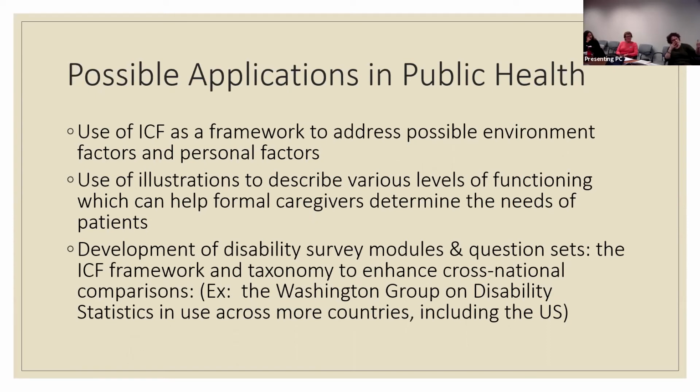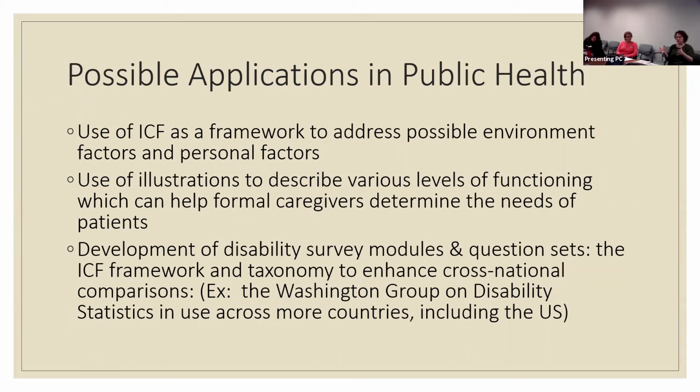And then another thing I was involved in was that we had the ICF framework, and the idea, as we said earlier, was to have a common language across different countries and across different places, so that we could talk about disability and functioning in the same way, because we weren't doing that before.